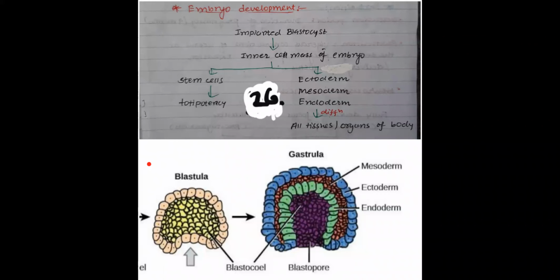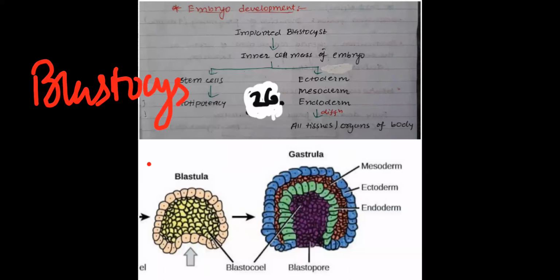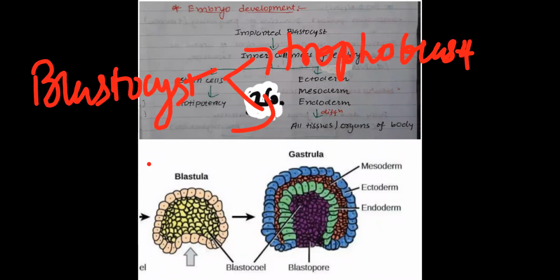Please understand that the blastocyst stage has two things: the trophoblast layer and the inner cell mass.